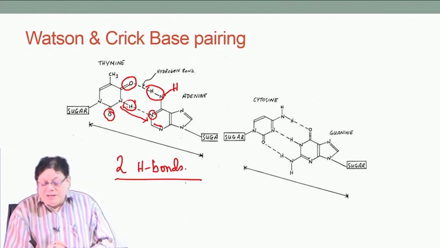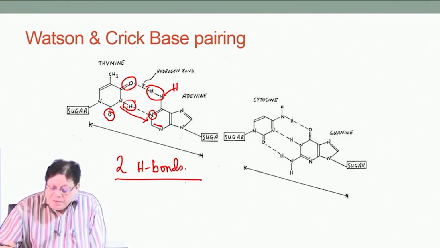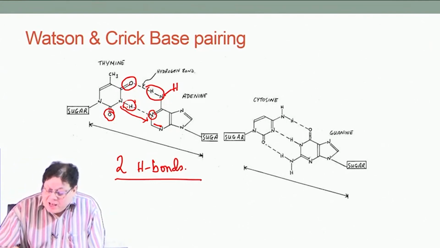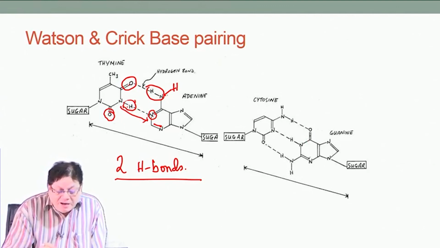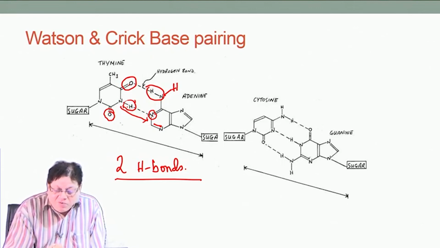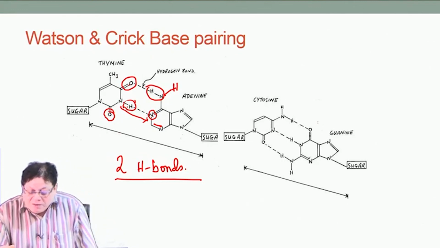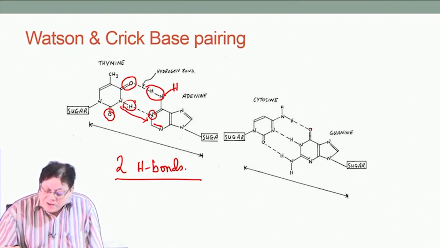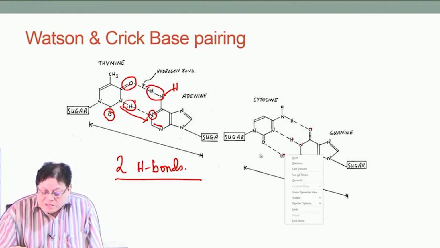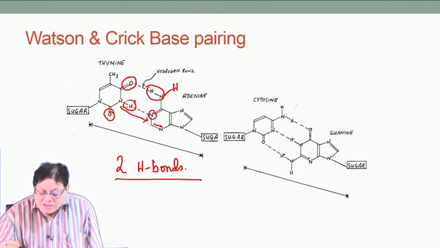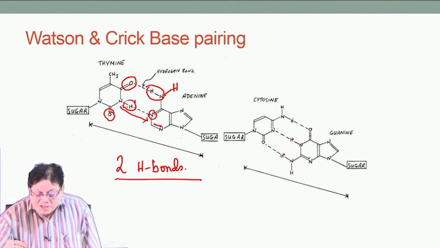On the other hand, if you take the GC pair, if you look at adenine, adenine has one donor atom NH and an acceptor nitrogen, but here nothing is there. That is why no hydrogen bond is formed here. But in guanine you have this acceptor, this donor, and this donor. And if you look at cytosine, the cytosine structure is this.